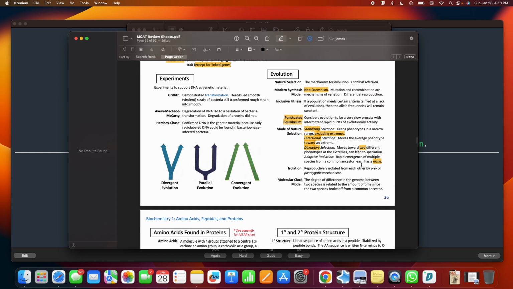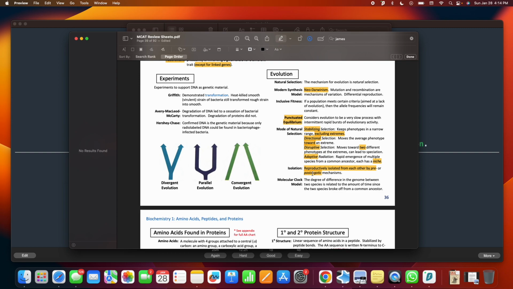Okay. Then we have isolation, which is being reproductively isolated from each other by pre- or post-zygotic mechanisms. Geez, what are these? But isolation is just reproductive isolation by pre- or post-zygotic mechanisms.